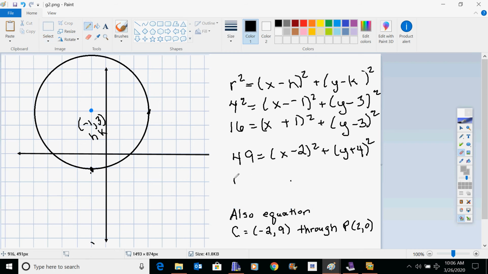Our radius here, if we think about it, r squared is 49, so the radius would equal 7. For the center of this circle, x minus h squared, so h would have to be positive 2.